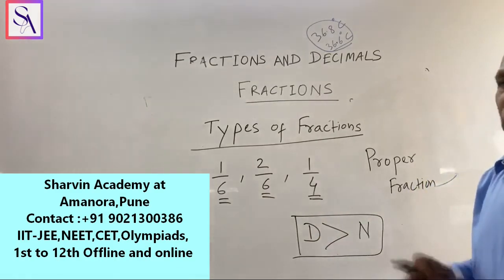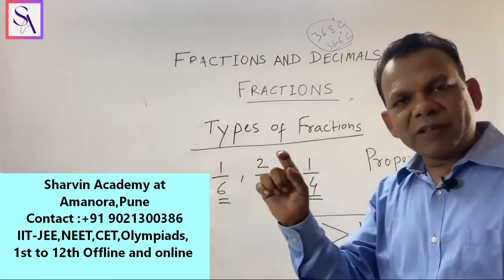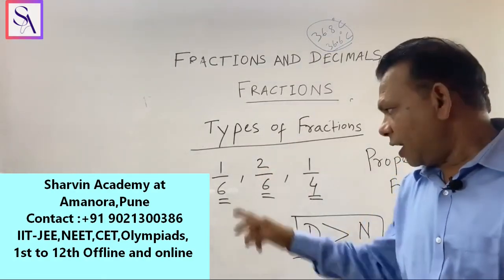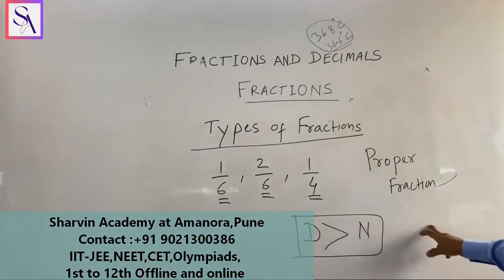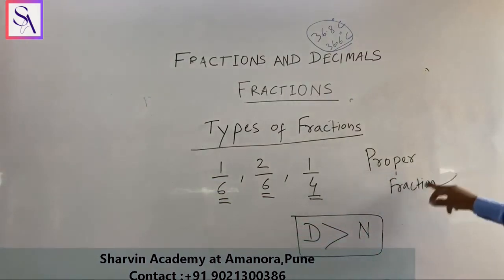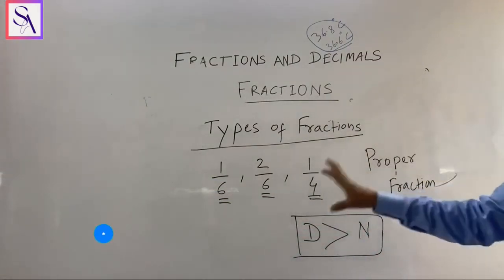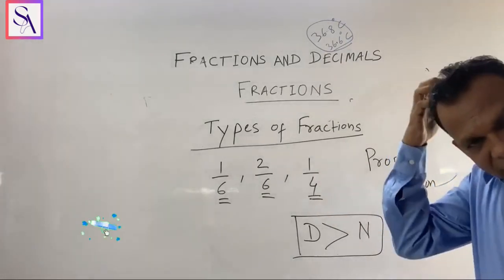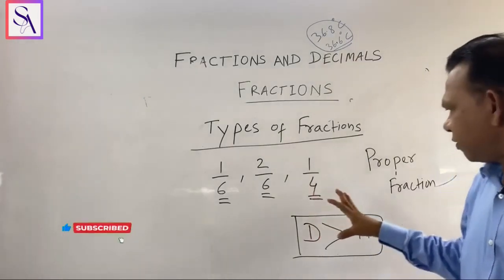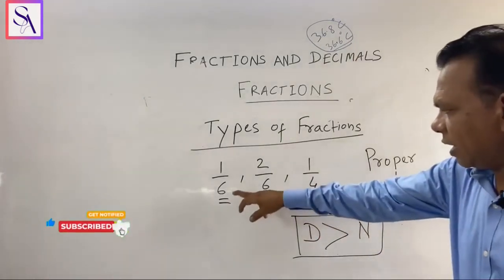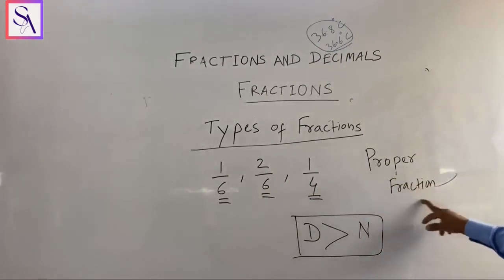So anybody can understand 1/6 pizza. So this is a proper form of the fraction. That's why it is called proper fraction. The purest form or proper form of the fraction is where denominator is greater than numerator. So this is called proper fraction.